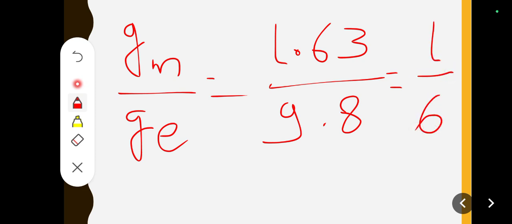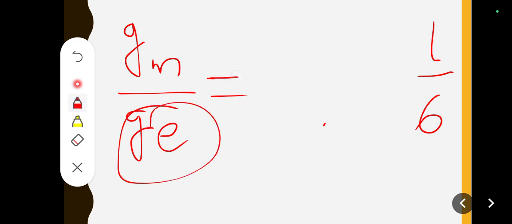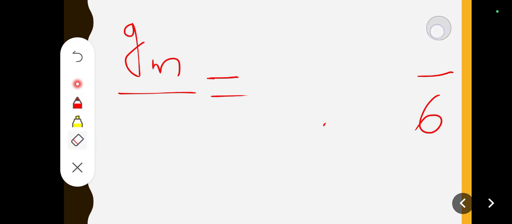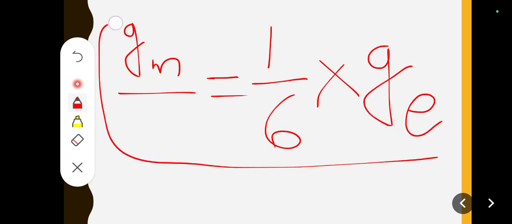In the next step, the g will be transferred to the other side, then it comes in the multiplication form. So the value of the gravitational acceleration on moon will be 1/6 of the gravitational acceleration on earth.